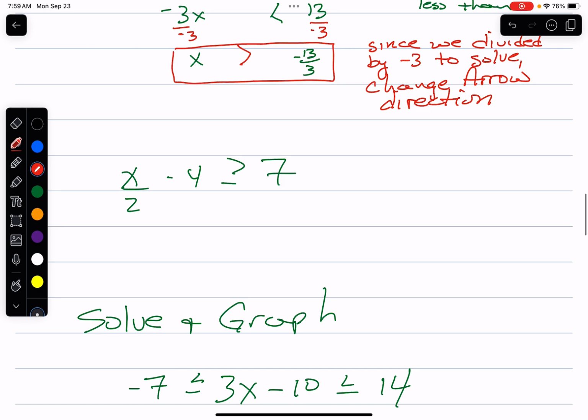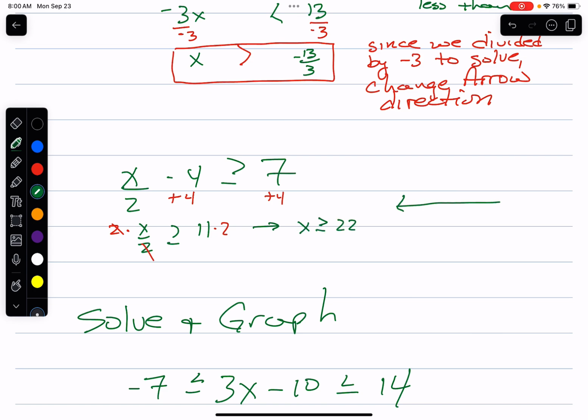Okay, next here, I'm going to add 4. x over 2 greater than or equal to 11. I'm going to multiply by 2 on both sides because I want to cancel that divide by 2. So my answer becomes x greater than or equal to 22.